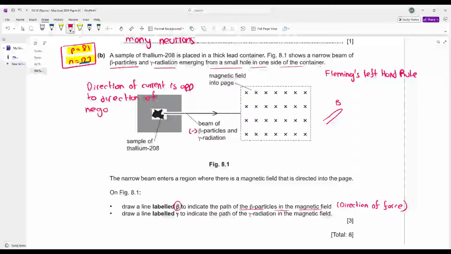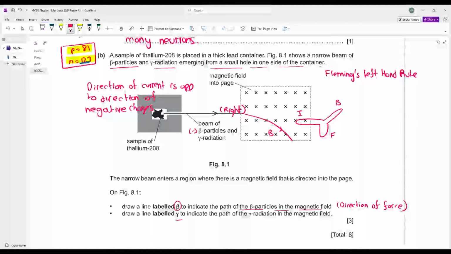So these negative charges or beta particles are travelling towards the right. What will be the direction of current? Towards the left, like this. Where will your thumb point? If you apply Fleming's left hand rule, with magnetic field into the page and current towards the left, where does your direction of force point? Your thumb points downwards. How will you make the line for beta particles? Like this. This is your beta. Draw a labeled line for gamma.